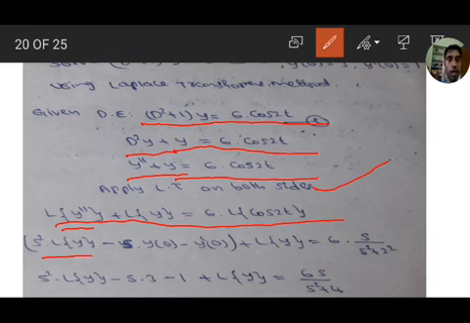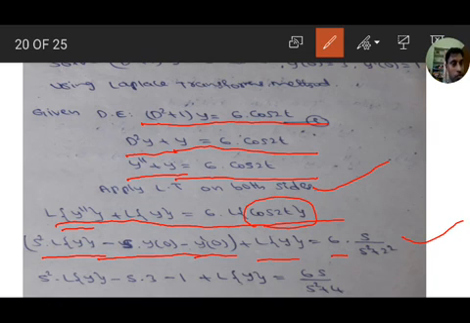So s square L of y minus s into y of 0 minus y dash of 0. This is the second order derivative Laplace transform formula. Next L of y, and it is 6 into L of cos 2t. The formula for L of cos at is s by s square plus a square. Here a means 2, so s by s square plus 2 square.